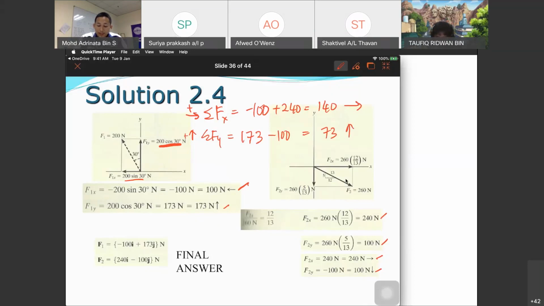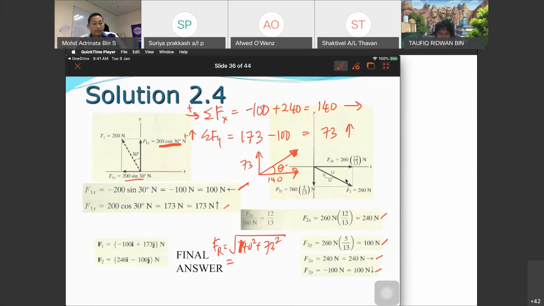Then you can draw your x and y direction. This one is 73 and this one is 140. So this is your resultant force and this is your theta. So the resultant force FR is equals to square root 140 square plus 73 square.